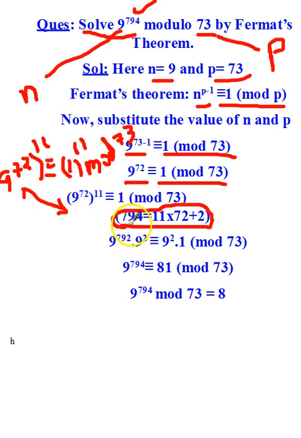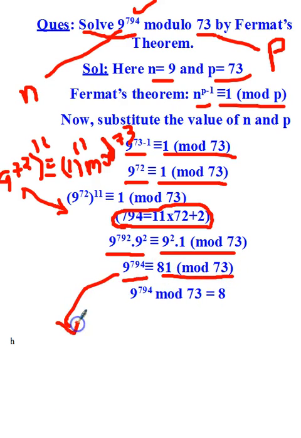Now to make it equal to 794, we multiply both sides by 9 squared. Then 9 raised to the power 792 into 9 squared is congruent to 9 squared into 1 mod 73.